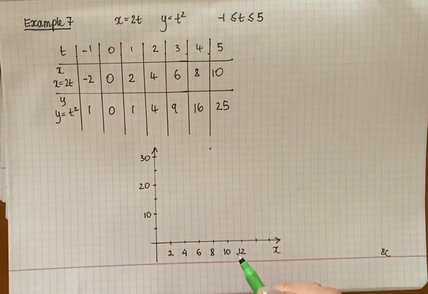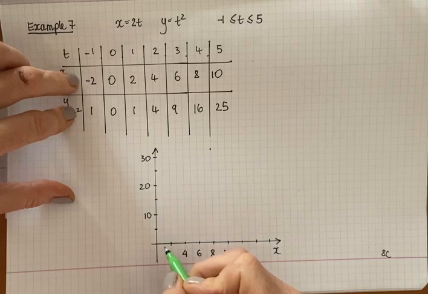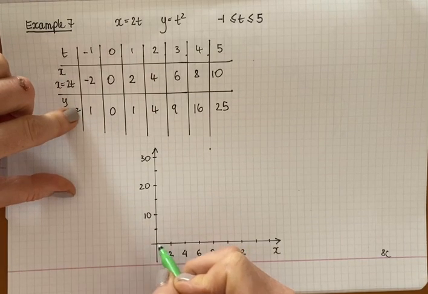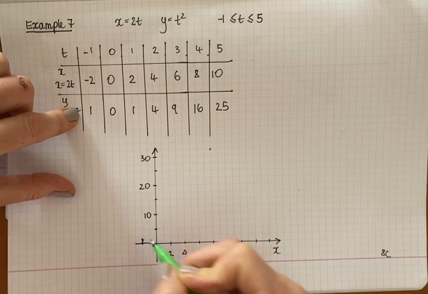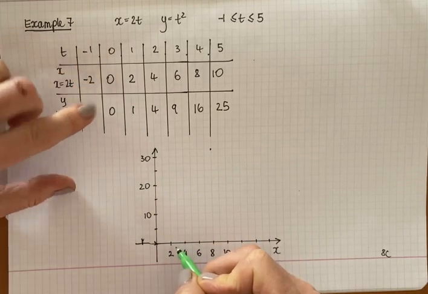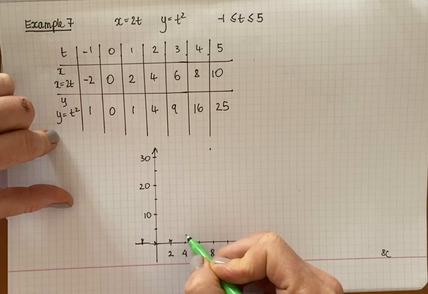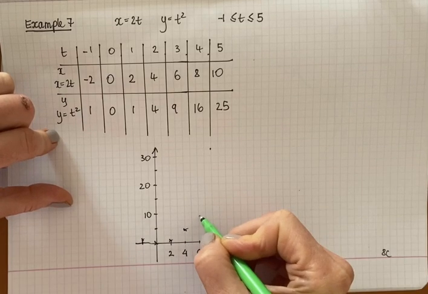There you go. Let's plot those points. So when x is -2, y is equal to 1. And then you've got 0, 0. Then you're going to have 2, 1. Then 4, 4. Then you're going to go to 6, 9.